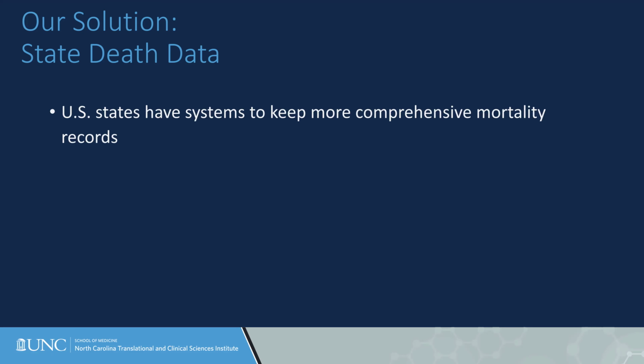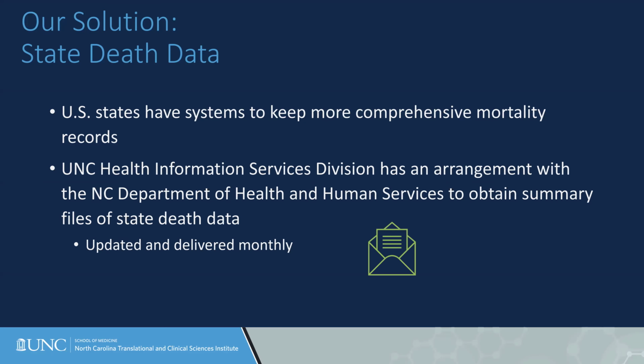Conveniently in our case, UNC Health is a state healthcare system, so its range is nicely circumscribed to the state of North Carolina. And US states tend to have nice systems to keep comprehensive records on mortality data. So UNC Health, the Information Services Division, has an arrangement they've worked out with the North Carolina Department of Health and Human Services, where we're able to obtain summary files of those state death records.